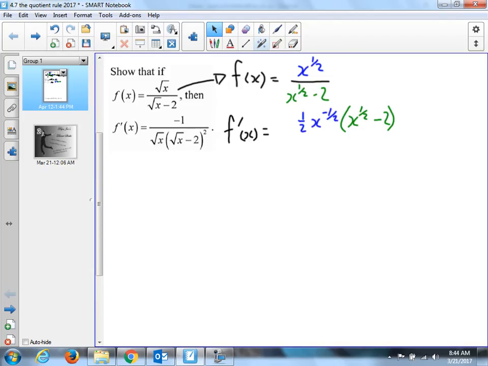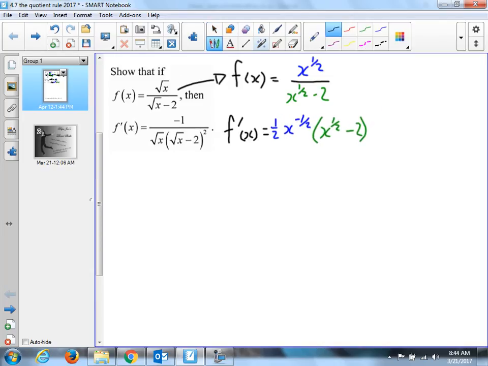Subtract. I'm going to move some stuff over. The top left alone. The derivative of the bottom: 1/2 x to the negative 1/2. Subtract 2 part zeros out.